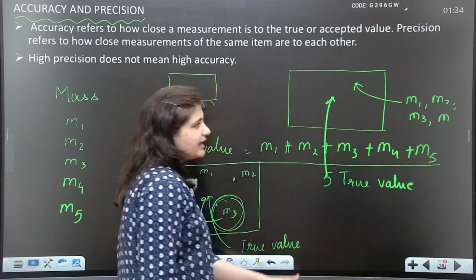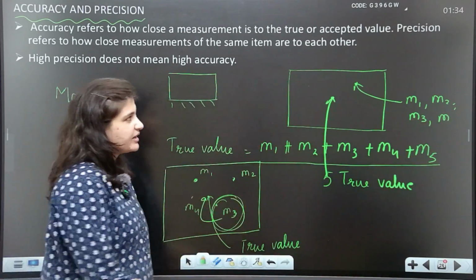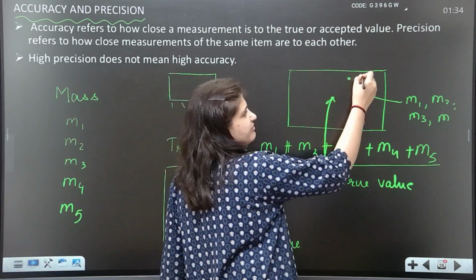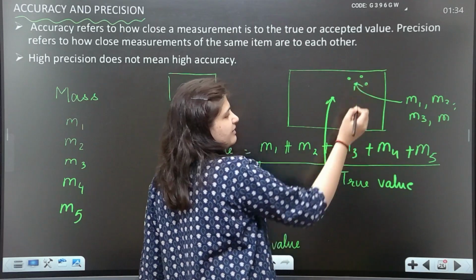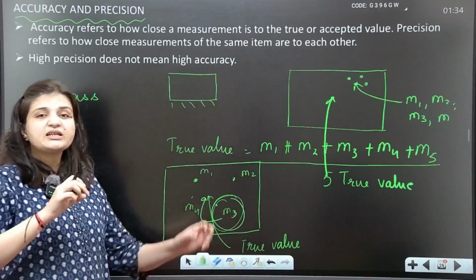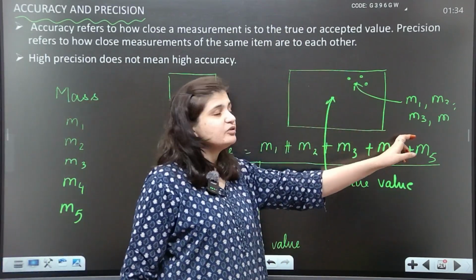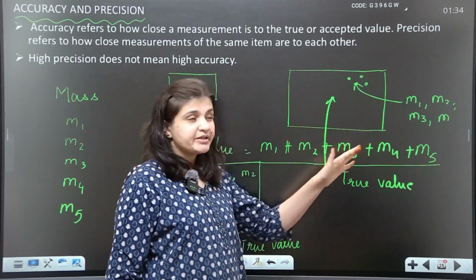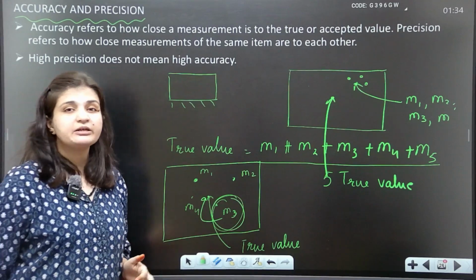All the values are coming near each other. Then what do we call it? Precision. So this is accuracy and precision.